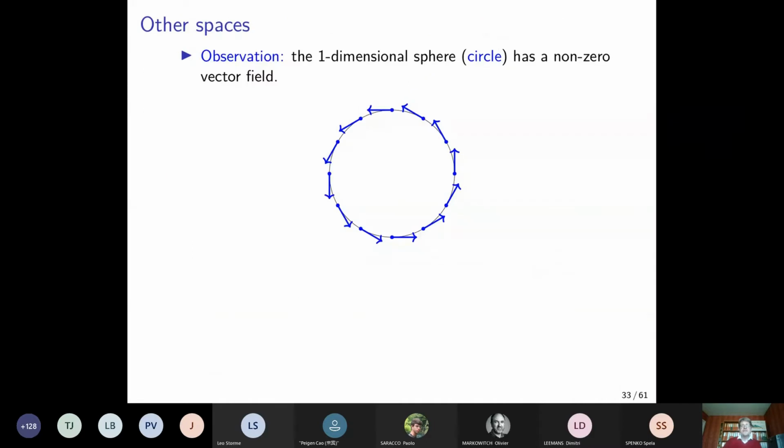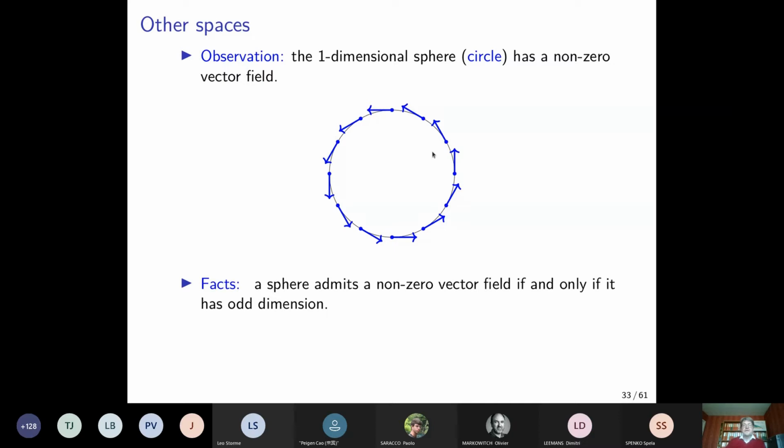What happens with other spaces? Well, we were working with a two-dimensional sphere. What if we look at a one-dimensional sphere? Well, a one-dimensional sphere is just a circle. And obviously a circle has a non-zero vector field. And there happens to be a general theorem behind this.